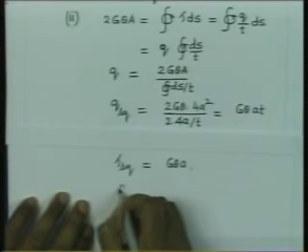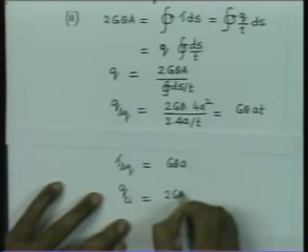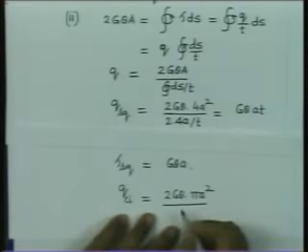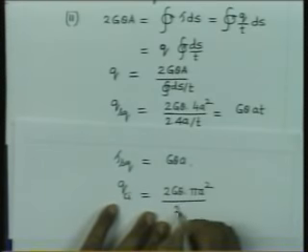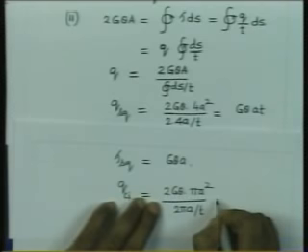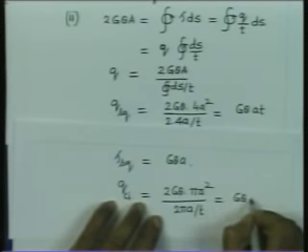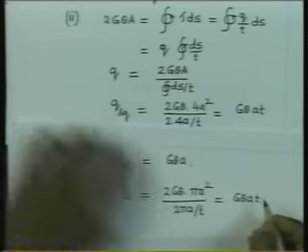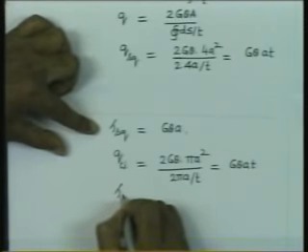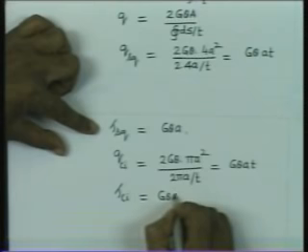Now, for the circle, Q circle is 2 g theta pi a square, and we have 2 pi a by t, and once you simplify it is g theta a into t, and hence we can write tau circle is equal to again g theta into a.